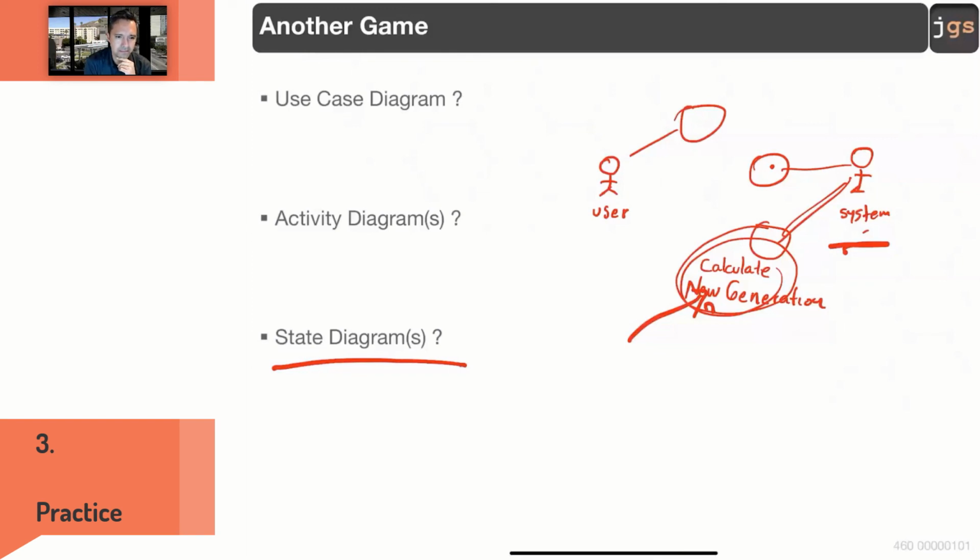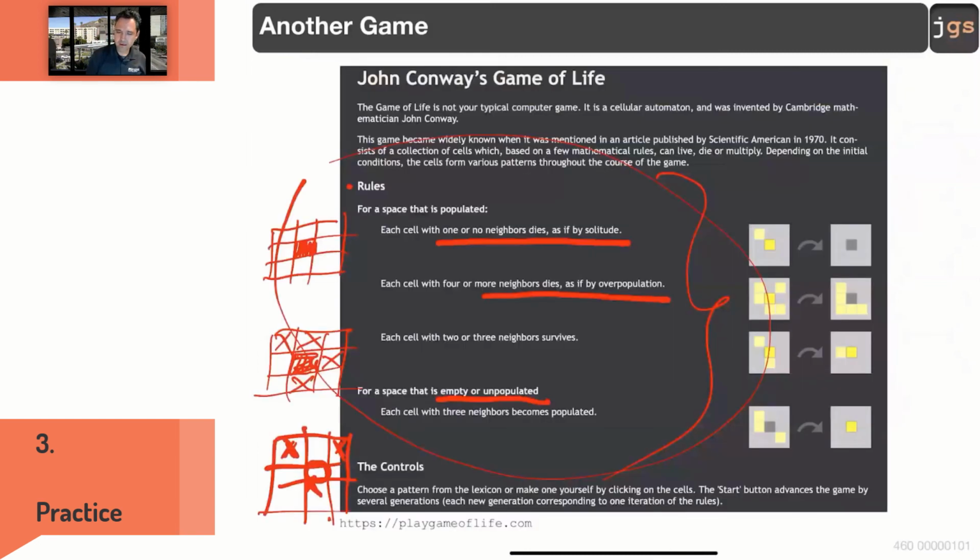Hopefully, you notice this. We need activities for the rules. Maybe a loop, because we need to explain that these calculations need to be done for each of the cells in the grid, and so on. Conditions regarding how the things are going to be handled.